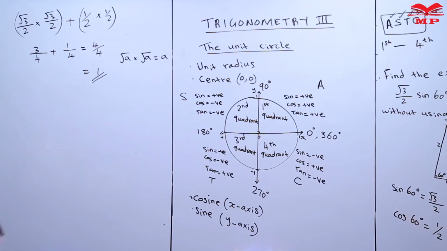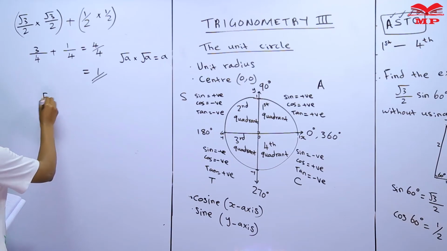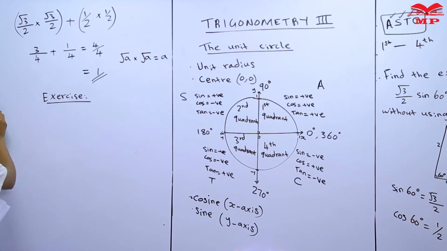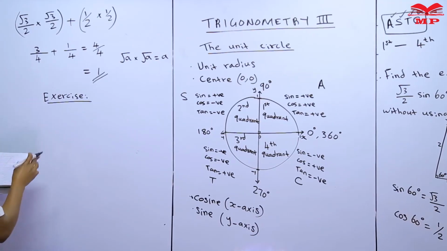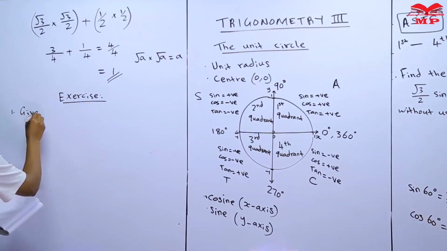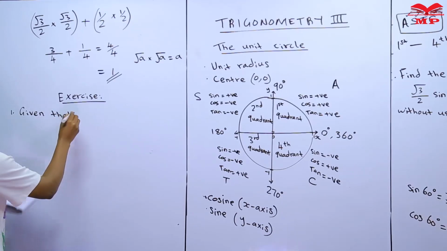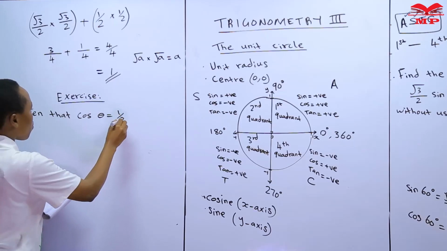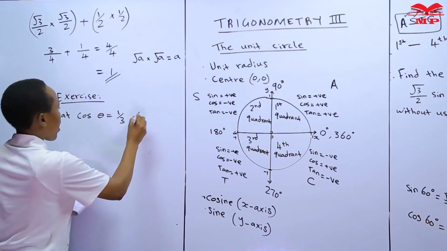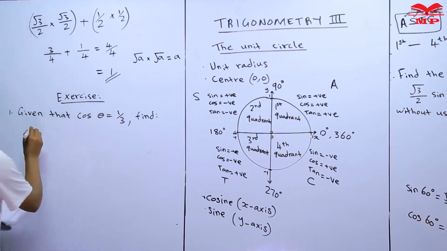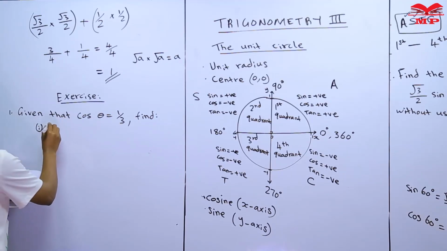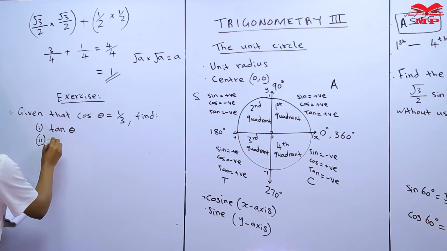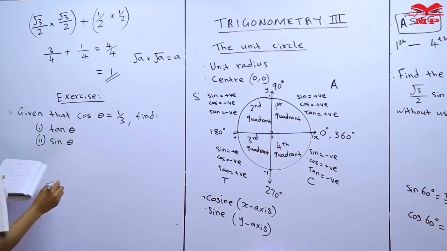I would like you to do the following exercise. Exercise number 1: given that cos theta is equal to 1 over 3, find, Roman 1, tan theta, and Roman 2, sine theta.